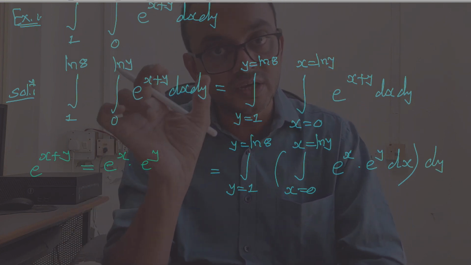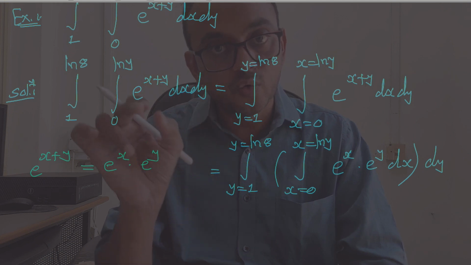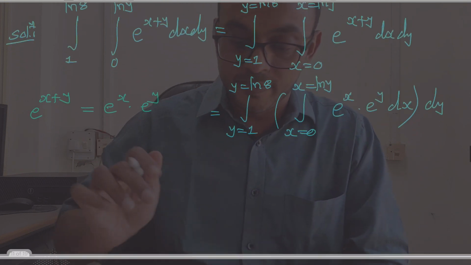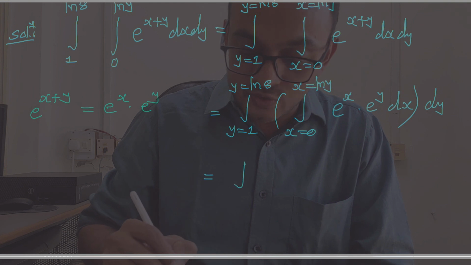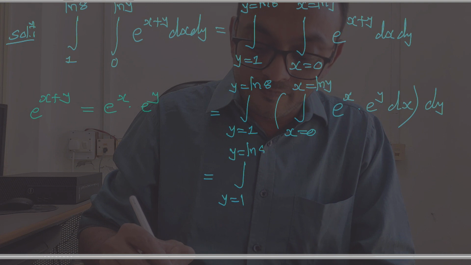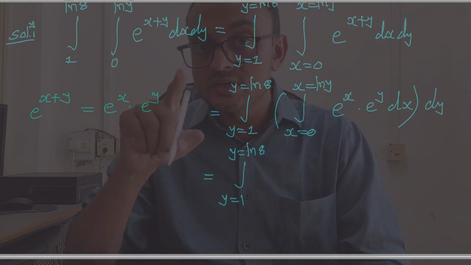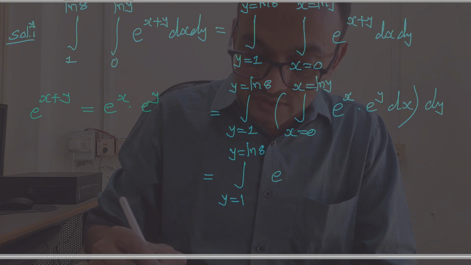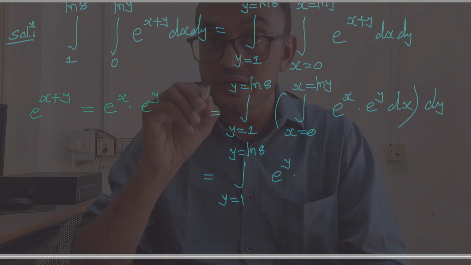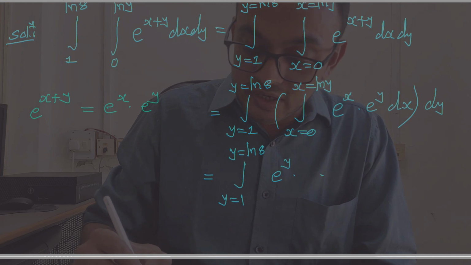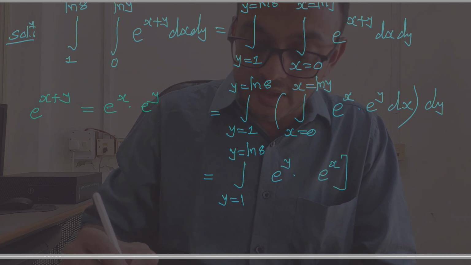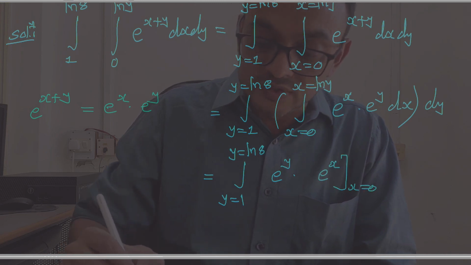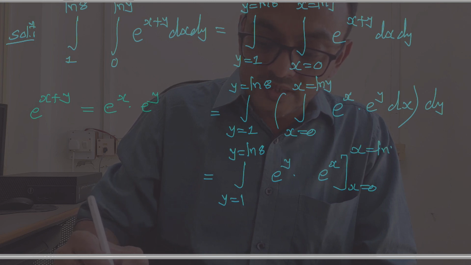So first integration of this quantity with respect to x. Whenever we integrate with respect to x, we assumed y is constant. So when y is constant, e raised to y is also constant. What is the integration of e raised to x? Is only e raised to x with the limit x is equal to 0 to x equal to ln y and then dy.